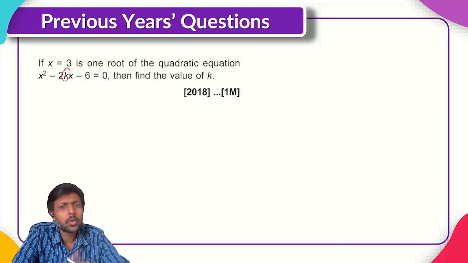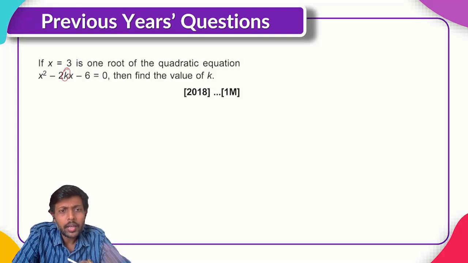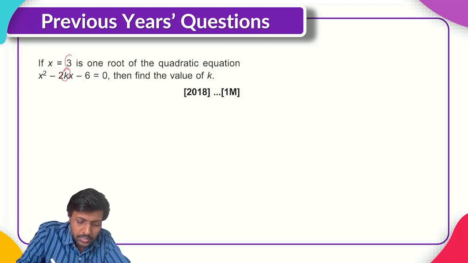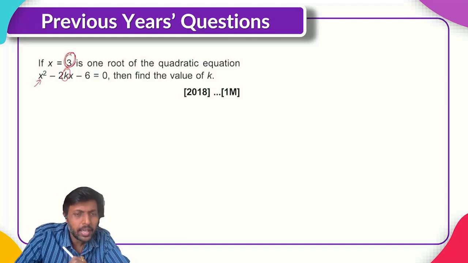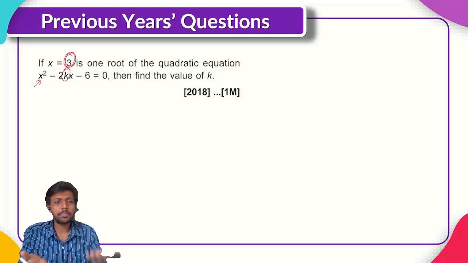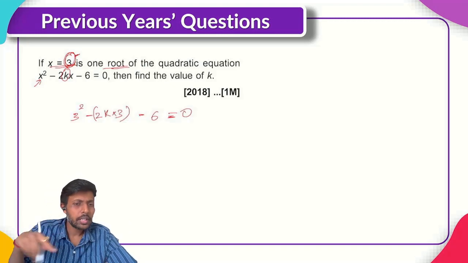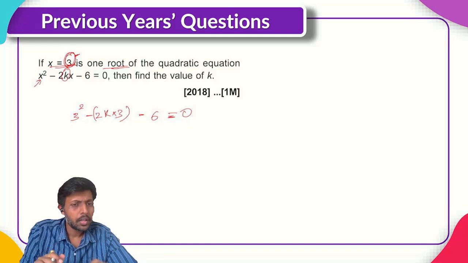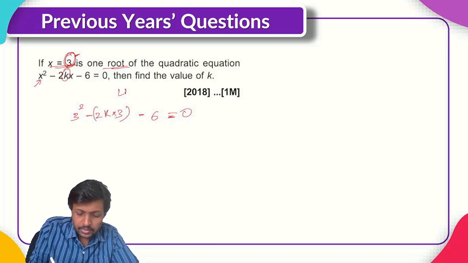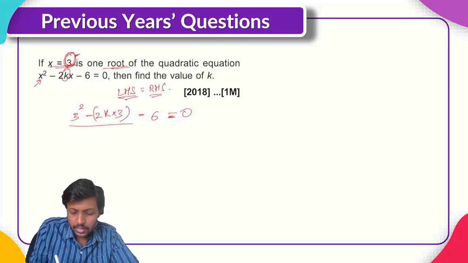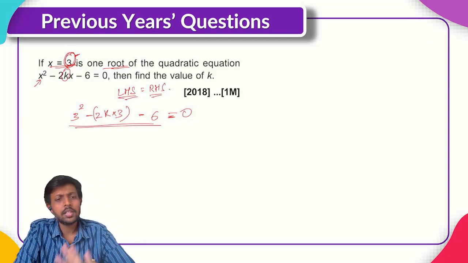If something is a root of a quadratic equation, what happens if I substitute this value 3 in place of x? Will the LHS be equal to RHS? Think on that. Wherever you see x, if you substitute 3, you will find that the LHS becomes equal to RHS, or this entire value of the quadratic equation turns 0.